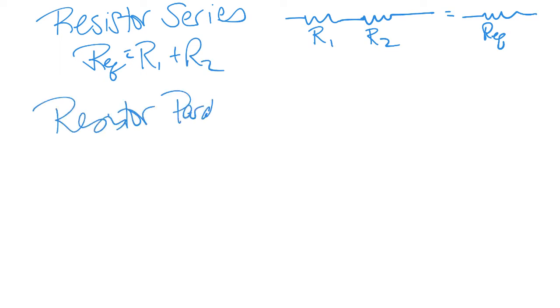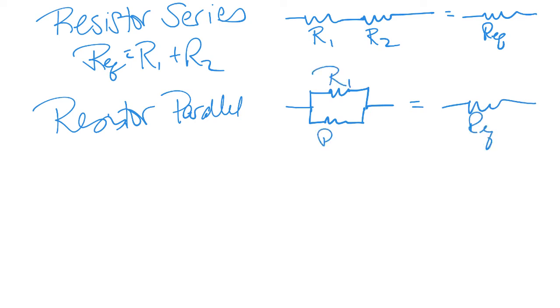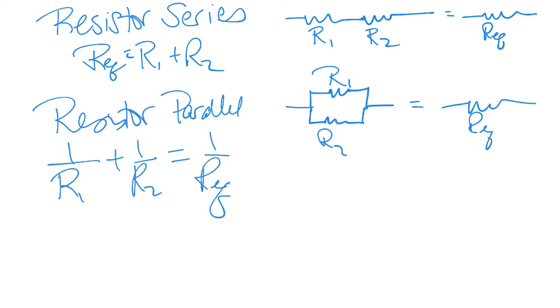Resistors in parallel: that's the inverse. 1 over R1 plus 1 over R2 is 1 over R equivalent.